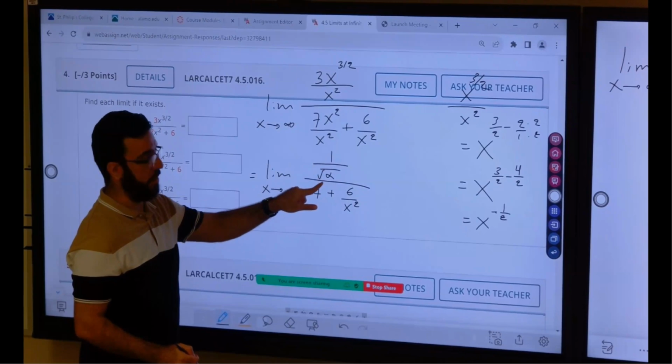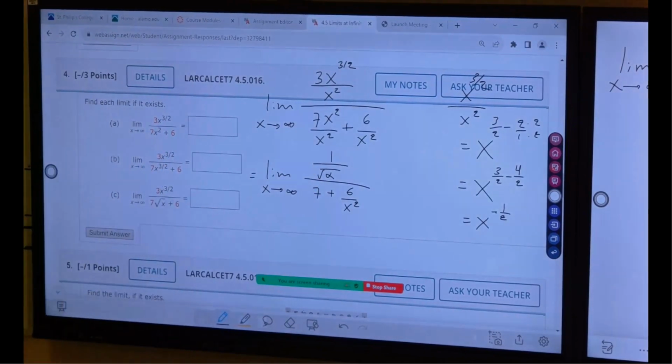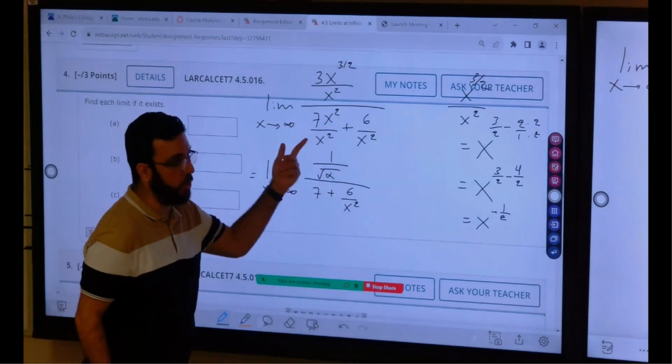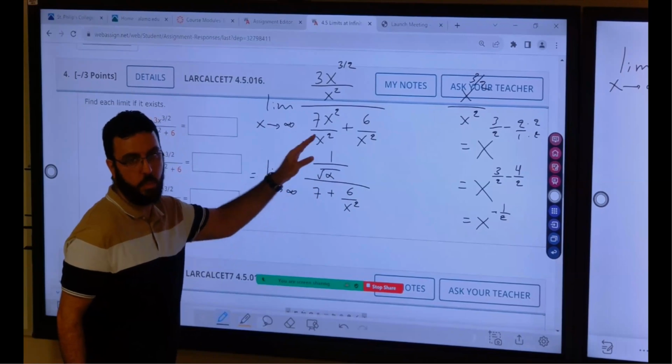Tell me. Square root of x, if x goes to infinity, where is square root of x going? It's still going to the positive side, so it's going to infinity. So 1 over the square root of x is going to be 1 over infinity.